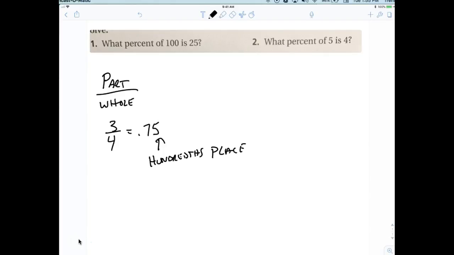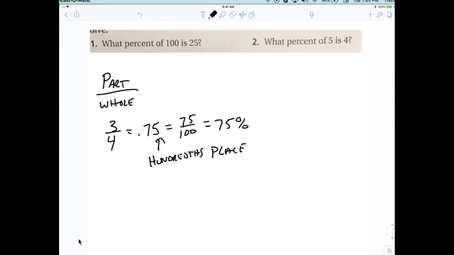So you can quickly convert 0.75 because you remember in third grade when you learned decimals, 0.75 is the same as 75 out of 100. It's 75 hundredths. That's the literal interpretation of 0.75. And so now that I have it over 100, I know that that is 75%.